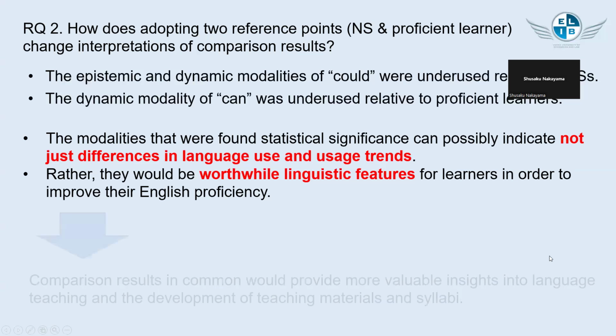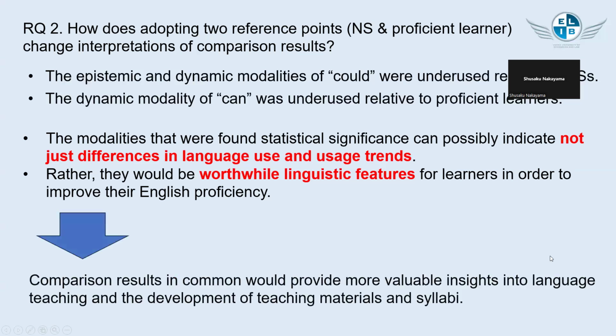In this sense, comparison results in common can potentially inform us of what to learn in order to improve English skills. And this would be valuable for language teachers and the developers of teaching materials and syllabi.